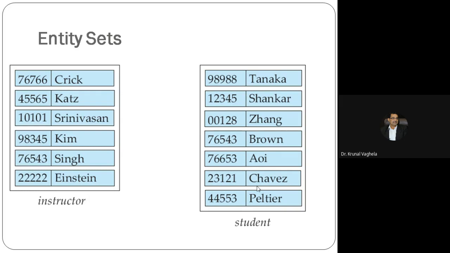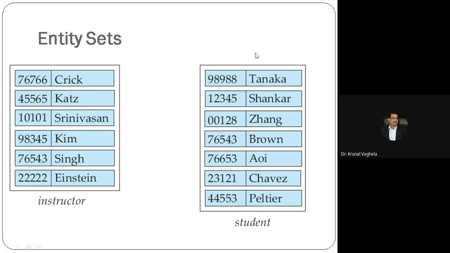Now it is not compulsory that only one relationship is possible. Apart from advisor, this teacher can be a subject teacher to the student. For example, Crick is teaching some subject to Brown and Zheng. It's not advisor, it's teacher. So Crick is advisor of Zheng and Brown, as well as Crick is subject teacher of Zheng and Brown. So this is the second relationship. It is not only two, more than two is also possible. For example, Kim is the head of the department.